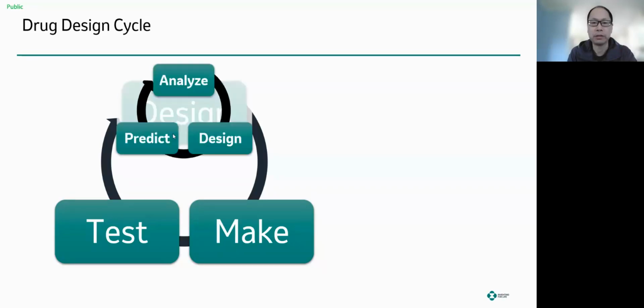And so there's increasing desire to go through these cycles fewer times. And you can do this by doing a design cycle within the drug design cycle. So design, predict, analyze, and refine your hypotheses before committing to making the molecule. Because making the molecule can be quite expensive. It's also resource intensive.